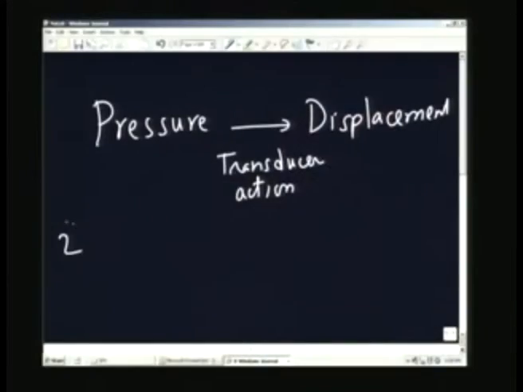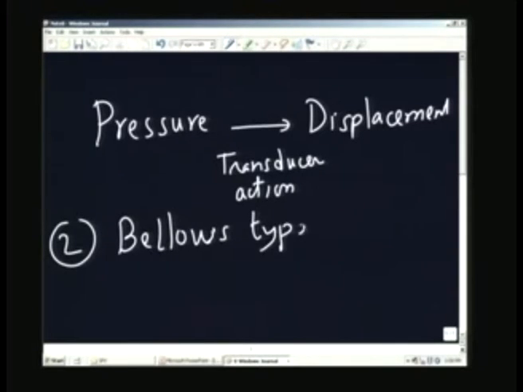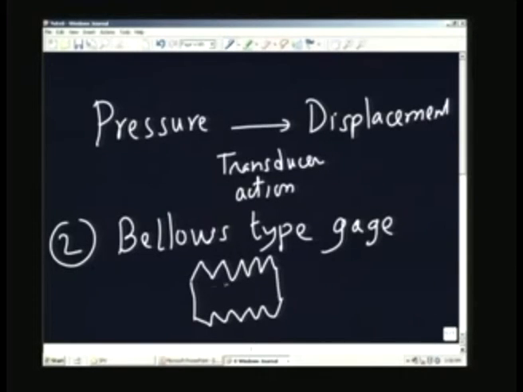The second one corresponds to what is called a bellows type gauge. In fact, we briefly referred to it earlier. In the bellows type gauge, we have a bellows, which is very familiar to us. It is a tube with an accordion type shape.